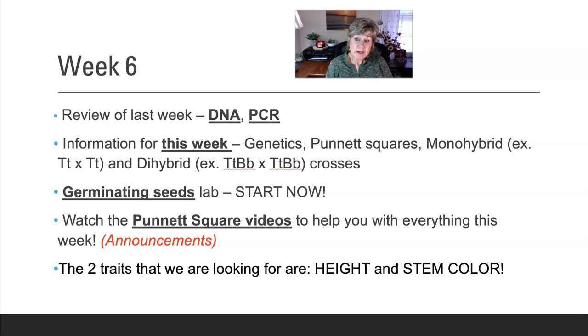In my example here, when you put letters to these traits and versions of the traits, you have big T, little t in one parent and big T, little t in the other parent. When you put those together, what are all the different offspring that you can produce? If you're just looking at that, you can figure out that you can put a big T with a big T, a big T with a little t, and a little t with a little t. But with a Punnett square, this is very organized so that you don't get mixed up.